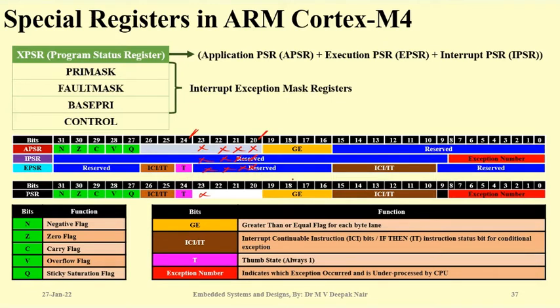It is the company's job. We are not going to do that part, because these registers are going to tell you about some of the status of the program. Status means whether the program is running normally or not, whether there is an exception or not, whether you are comparing some bits or not, whether the number is greater than or equal to or smaller than that, whether the computer is running in thumb state or any other state.